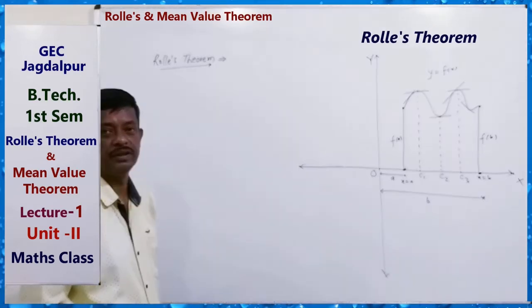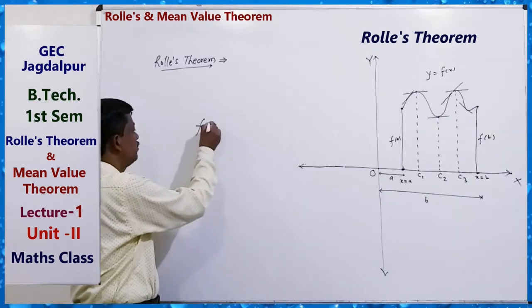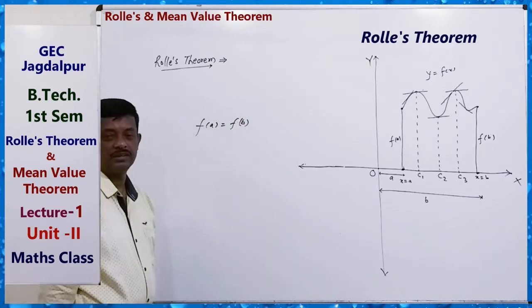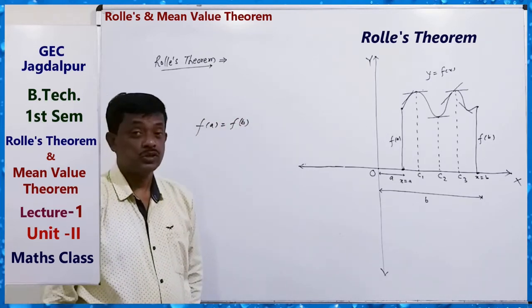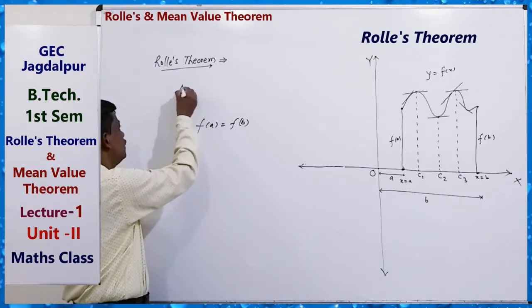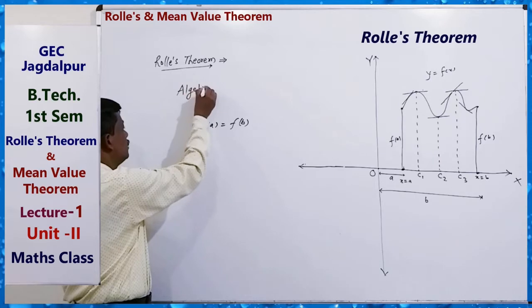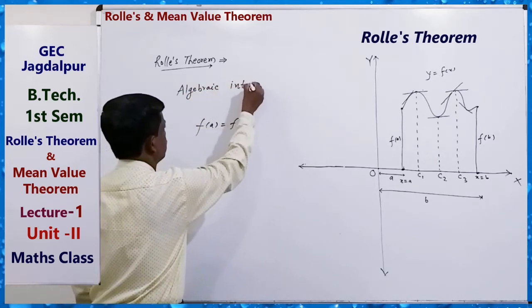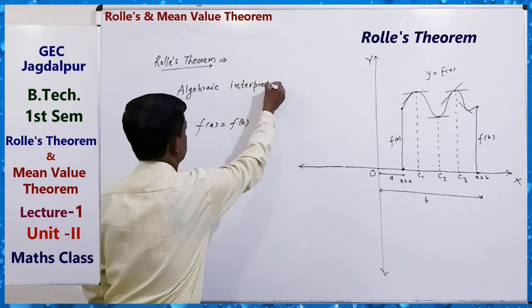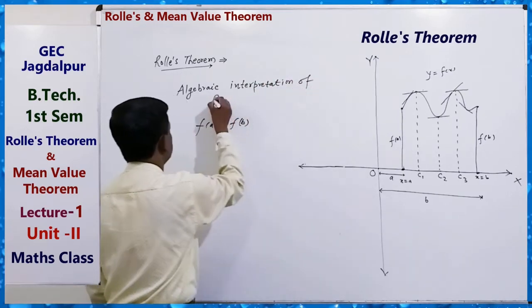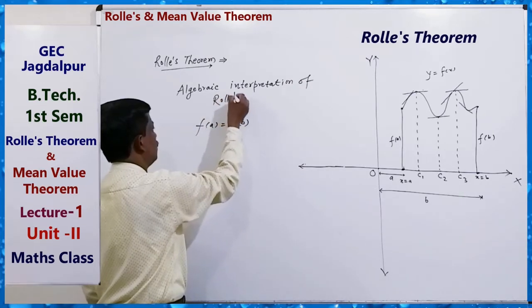fa equals fb. Here we see what? Okay, so now the algebraic interpretation of Rolle's theorem.